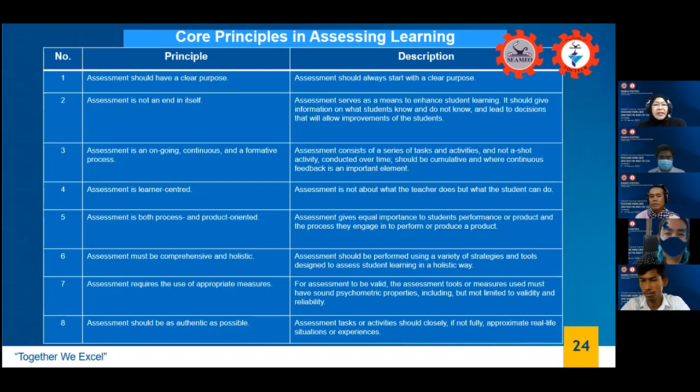Next, assessment is ongoing, continuous, and formative. That's why in TVET, it is advised that we use formative, or sometimes continuous, or sometimes they call it progressive. Because when you say continuous, formative, progressive, it is ongoing.